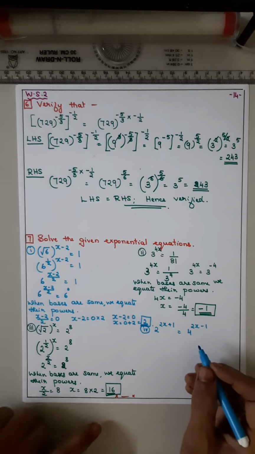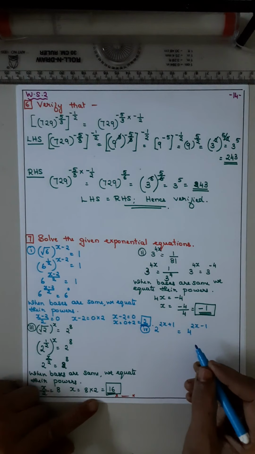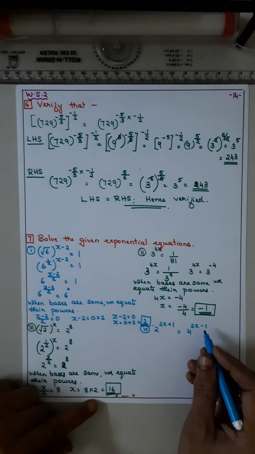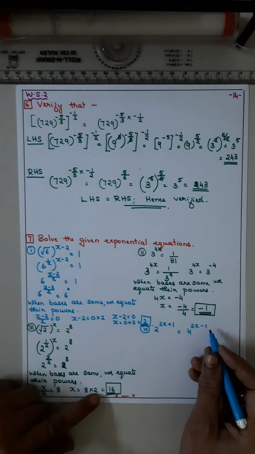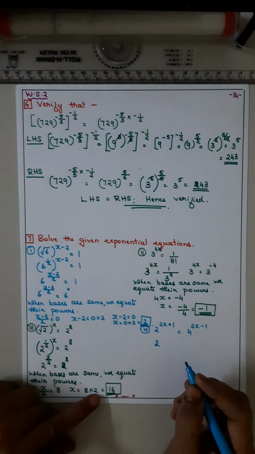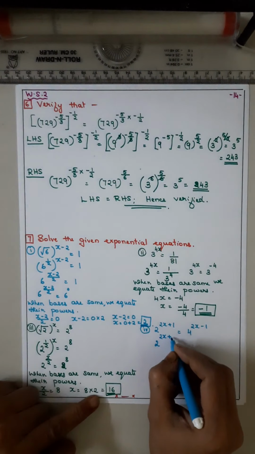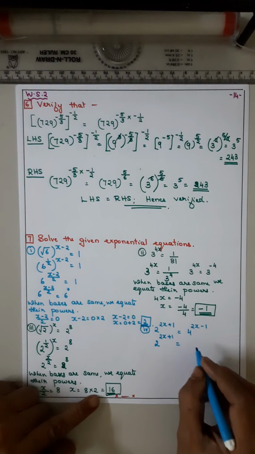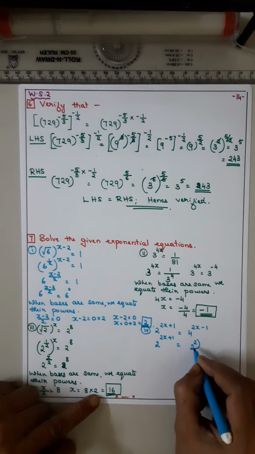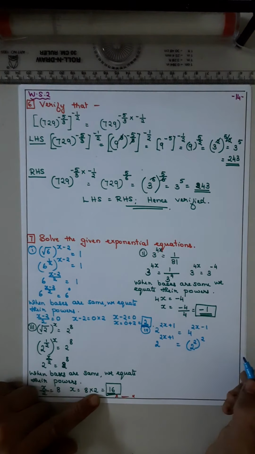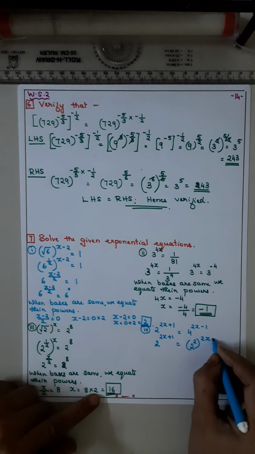It is 2 to the power 2x plus 1 is equal to 4 to the power 2x minus 1. So we have to make the bases same. 2 to the power 2x plus 1 is equal to 4 can be written as 2 squared, fill bracket, put the power.